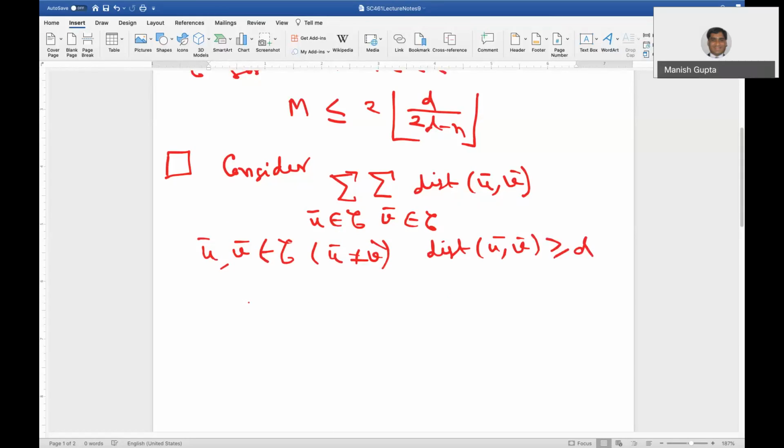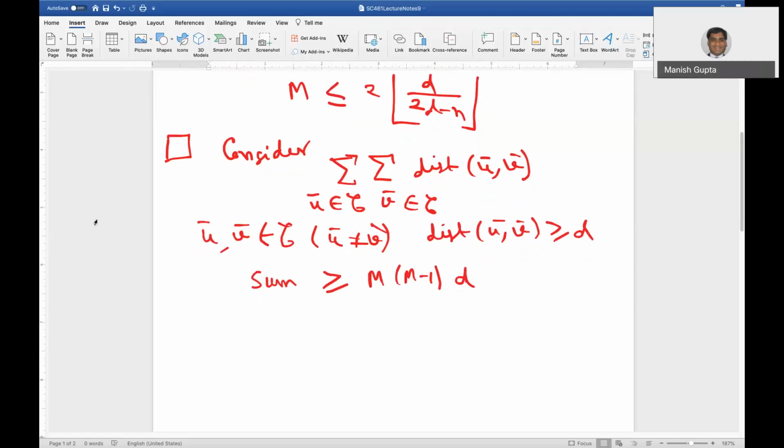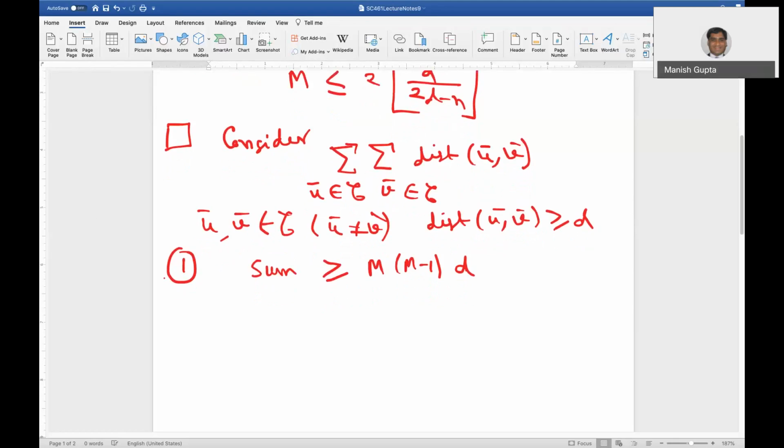So this implies that this double sum will be at least M into M minus 1 into D. Because if distance is at least D, I can substitute it here and then vary U and V, so the summation will vary M into M minus 1 times, we'll get D. So this is our first relationship, or I would say a lower bound on the summation.